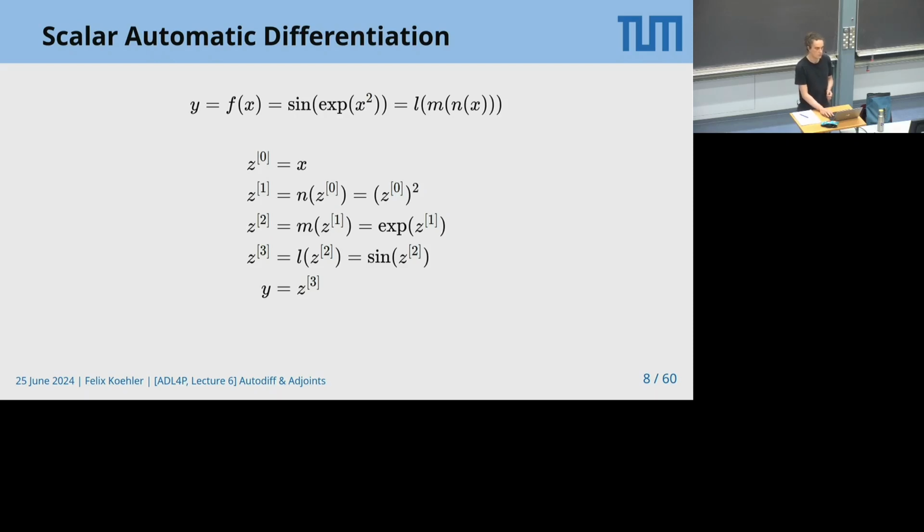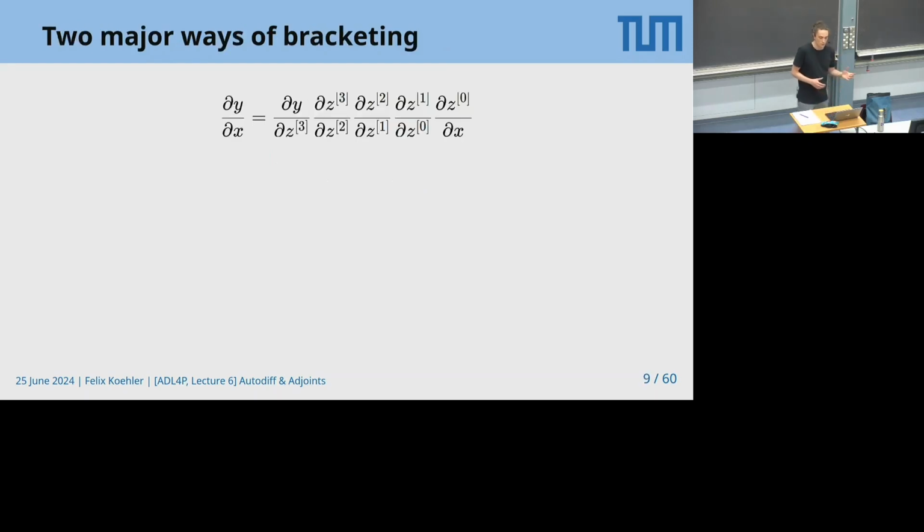And automatic differentiation, or the core ideas of automatic differentiation, now arise based on the fact that we are interested in derivatives. So if you take the derivative of the output with respect to the input, you can apply the chain rule of calculus. And here you find we have these nested computations, so we take all the derivatives: y with respect to z3, z3 with respect to z2, and so on and so forth.